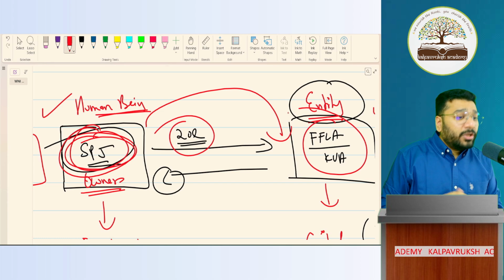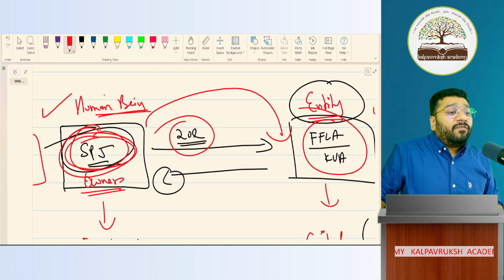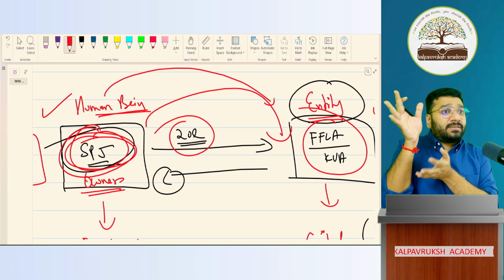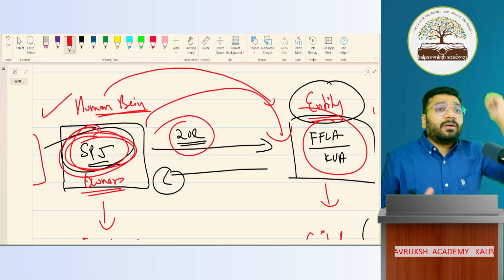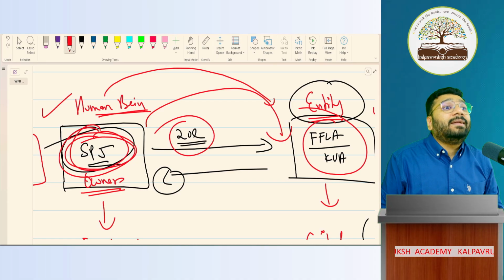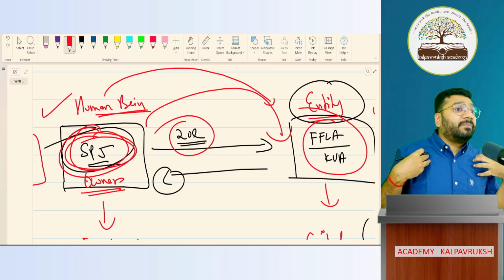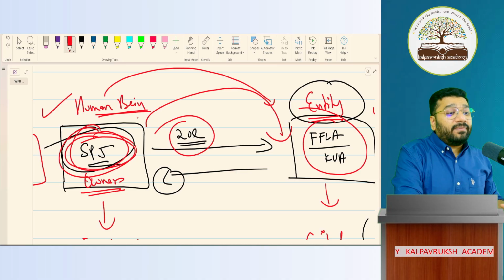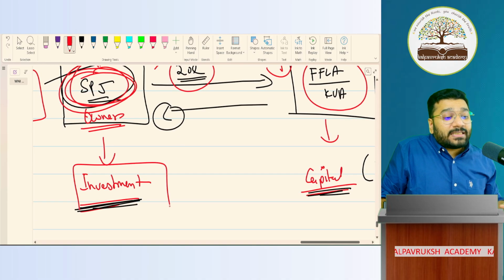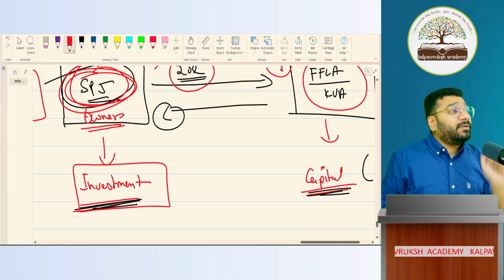Now, from my personal balance sheet, I have given money to the entity. For me, in Pratik sir's personal balance sheet, the 20 lakh that I gave will be called an investment. What is it called? Investment.